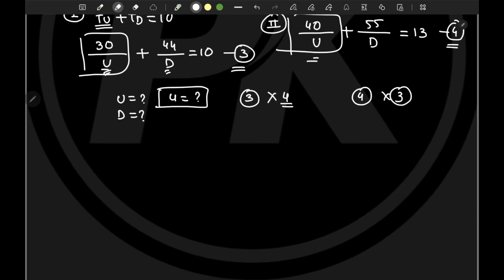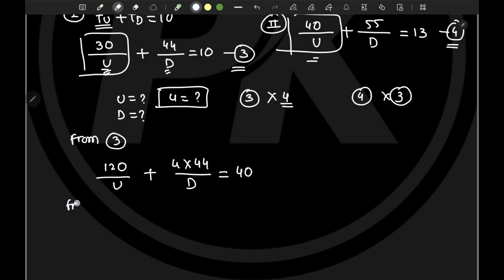Now let's do that. From equation number 3, I'm going to multiply it by 4. So 4 3s are 120 divided by u plus 4 into 44, I'll keep it as it is for now, divided by d, is equal to 40. So this is one equation. Now from equation number 4, I am going to multiply that equation by 3.